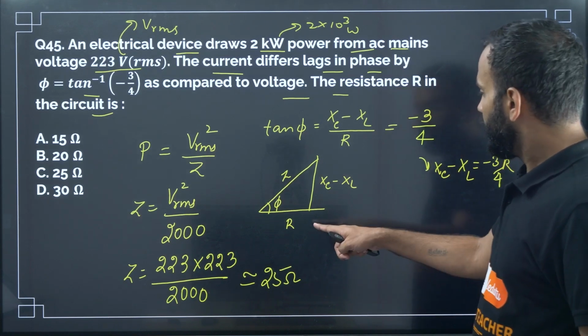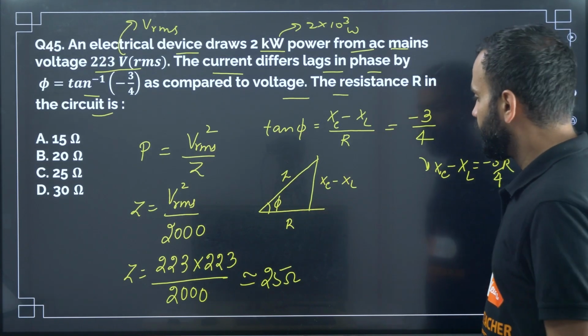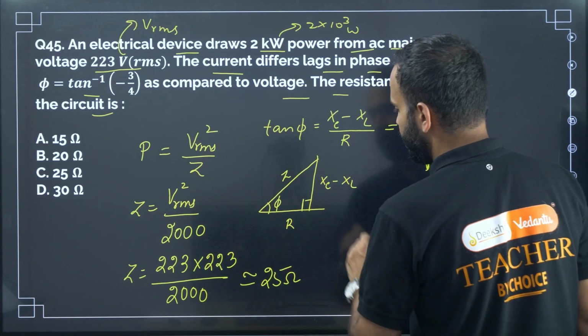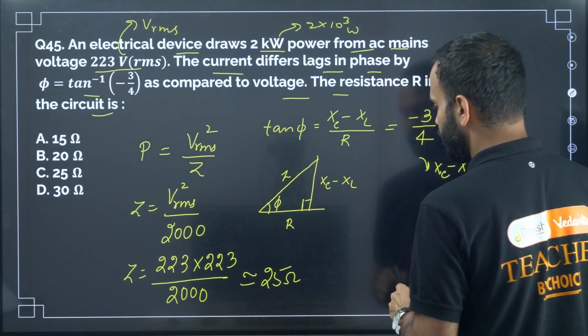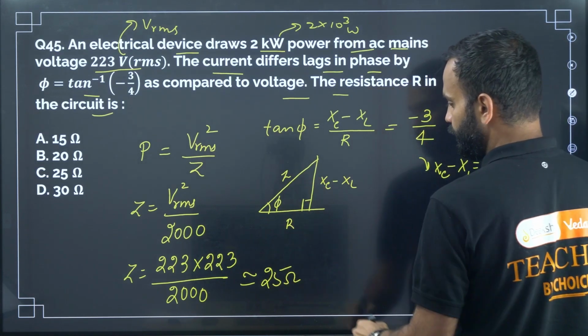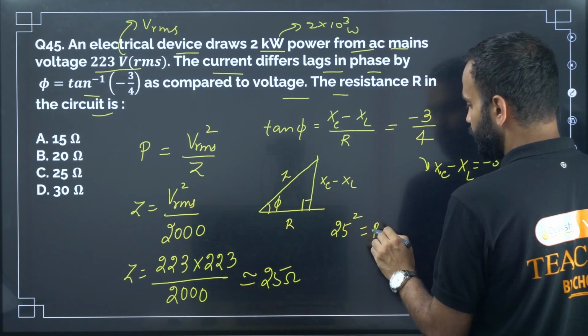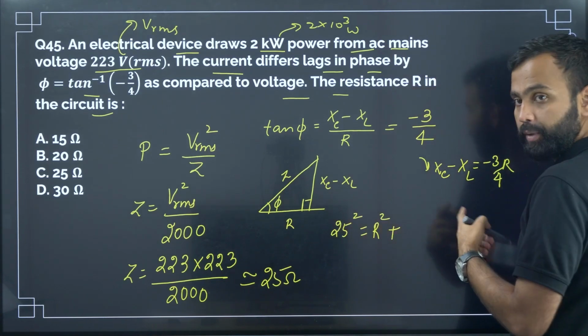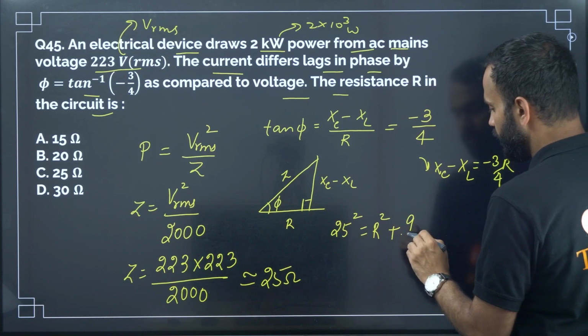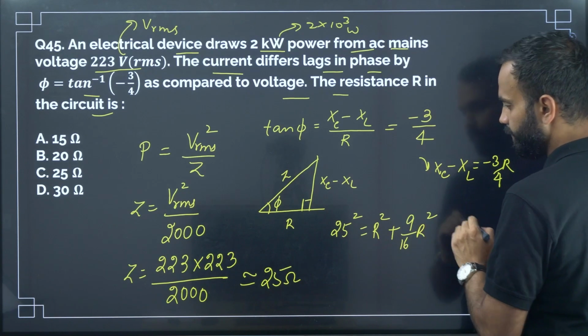Okay? So now apply Pythagoras theorem, right? So this is the angle 90. Apply Pythagoras theorem. So now Z equal to 25. 25 square is equal to R square plus minus 3 by 4 R whole square, that is 9 divided by 16 R square.